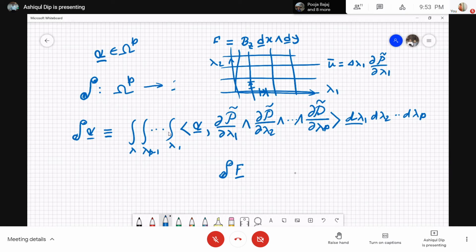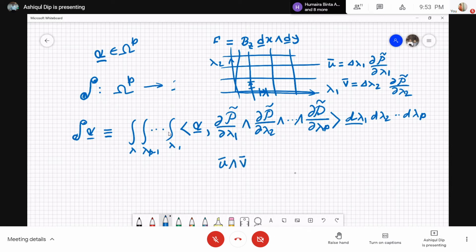Let's call this thing v. V would be your delta lambda 2 delta p tilde by delta lambda 2, right? Magnitude times direction. So now the area covered by the two vectors constructed out of those should be u wedge v, right?